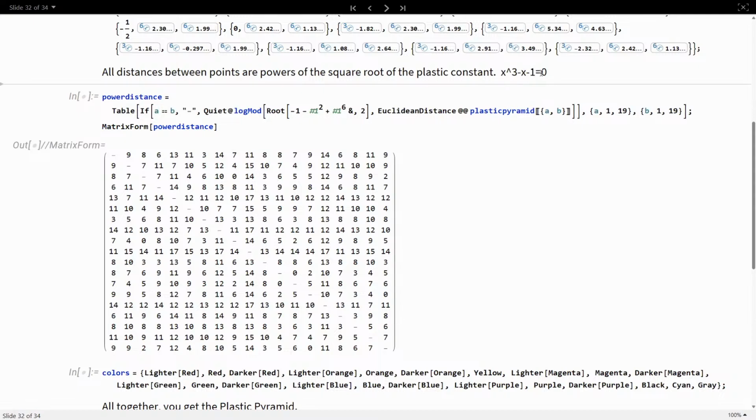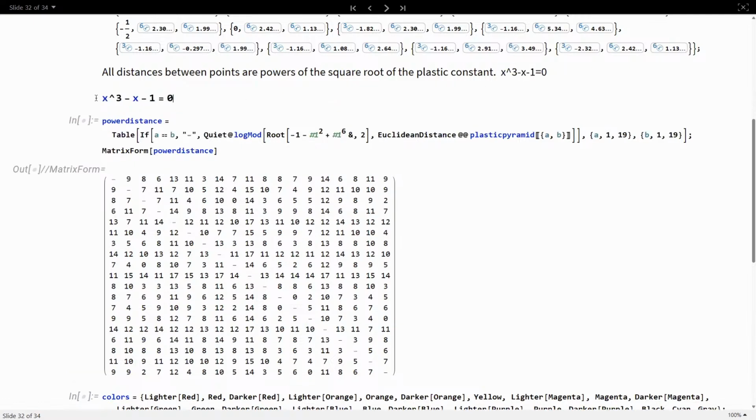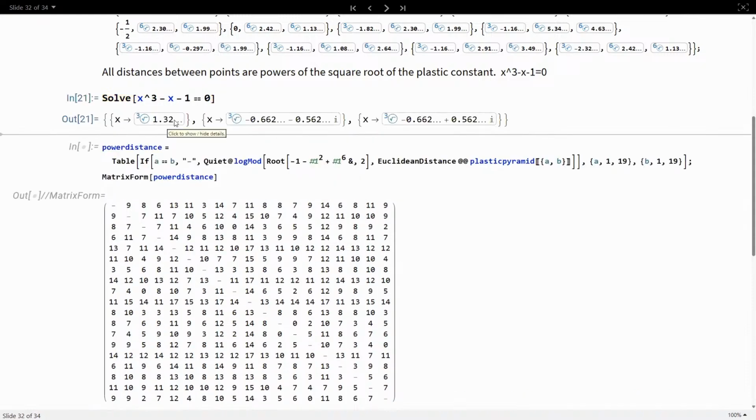The real root of that is the plastic constant, about 1.6 something, I think. I've forgotten what the plastic constant is already. Let's find out. Uh, 1.32, right?